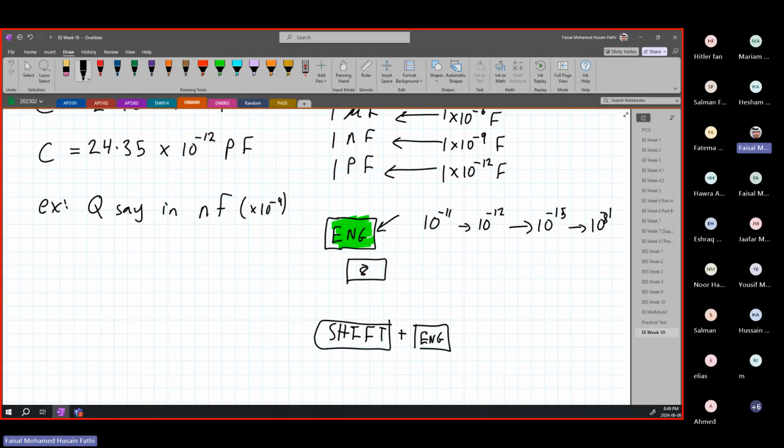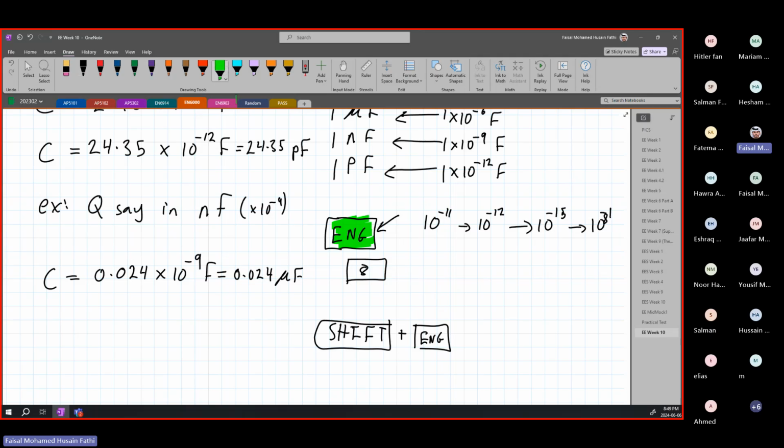So C will be given as, if I find my answer, I hit shift ENG, it will give me 0.024, and we want it in 2 decimal places, times 10 to the negative 9. In other words, sorry, this is in farads. In other words, this is 0.024 microfarads. And in this case here, this is 24.35 picofarads.